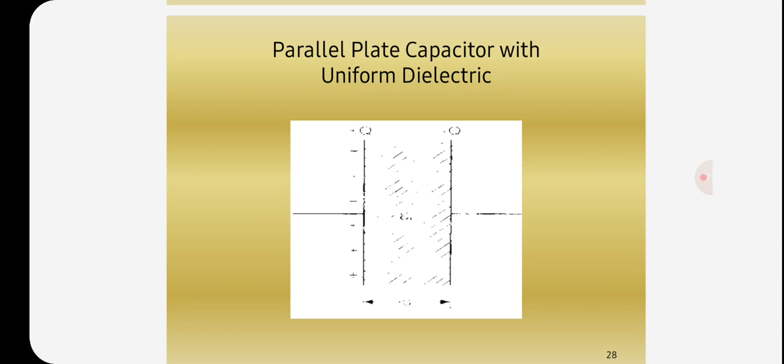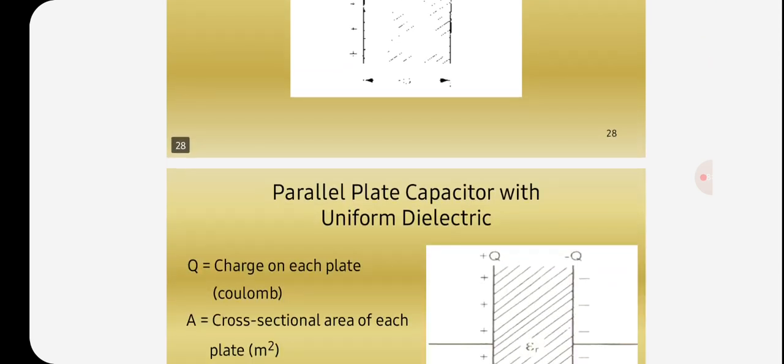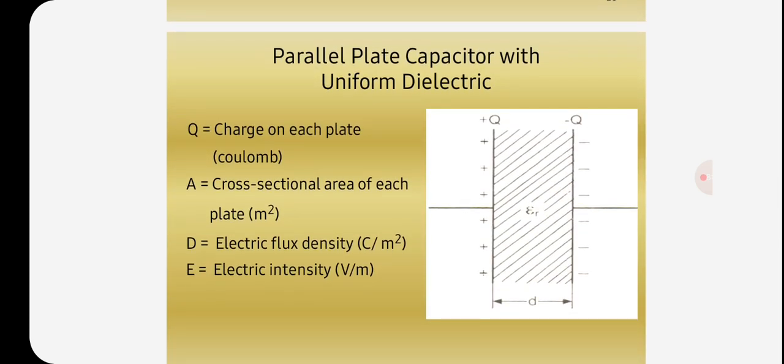Capacitance of a parallel plate capacitor with a uniform dielectric. Consider a parallel plate capacitor having two conducting plates A and B, each of area A meter square and separated by a uniform dielectric of thickness d meters and relative permittivity epsilon r.